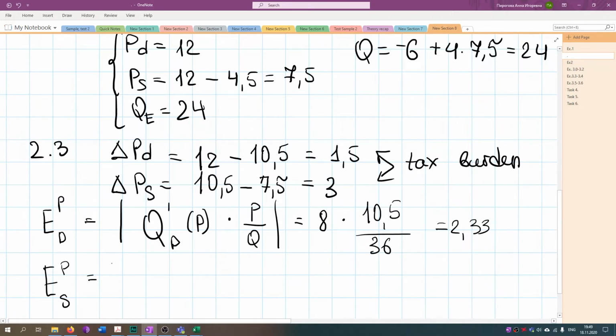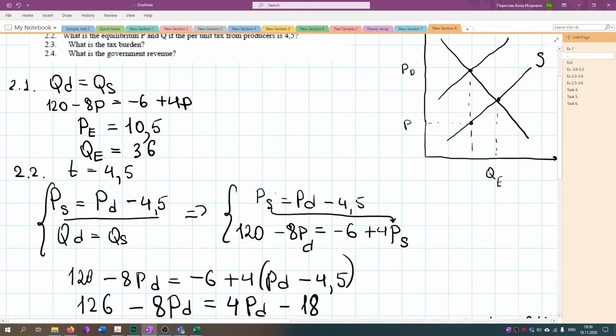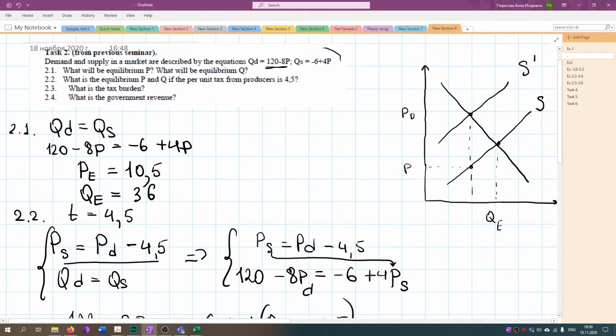Now let's find the elasticity of supply function by price, and in this case we take the derivative of our supply function again by price and multiply by p divided by q. So again our function is here.